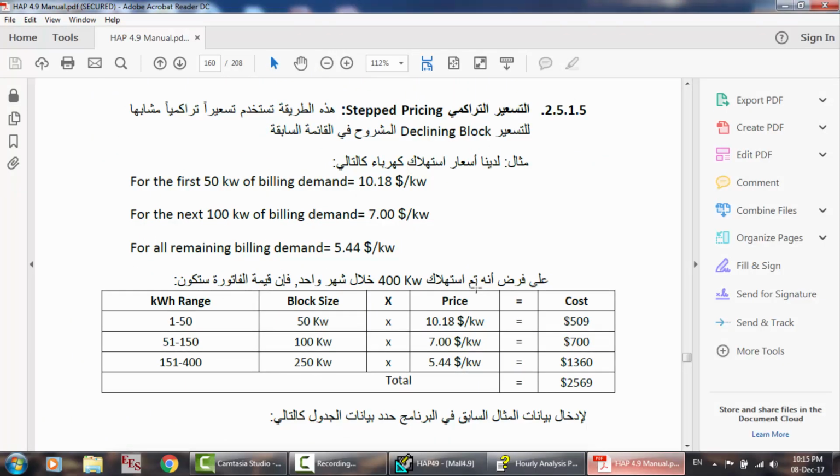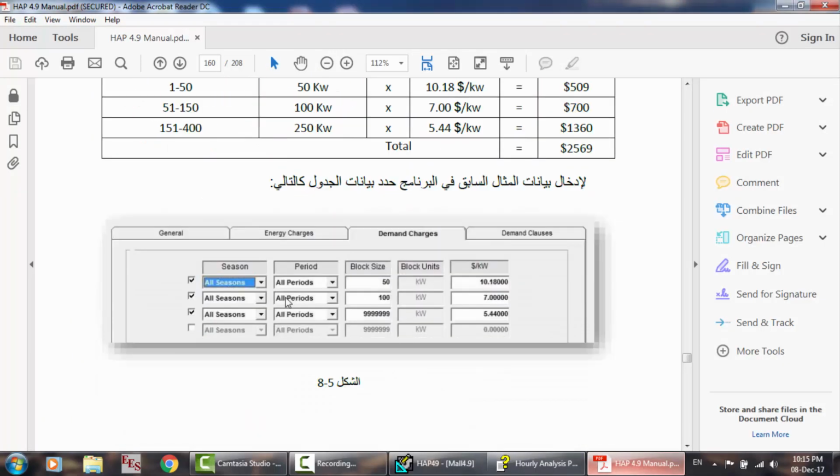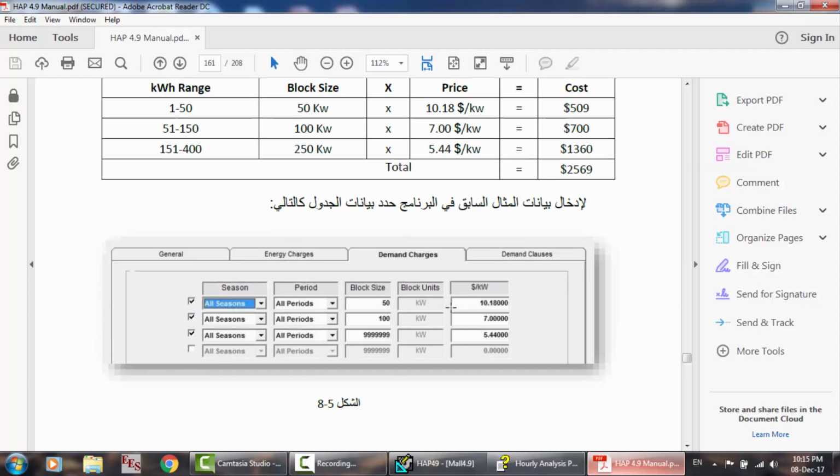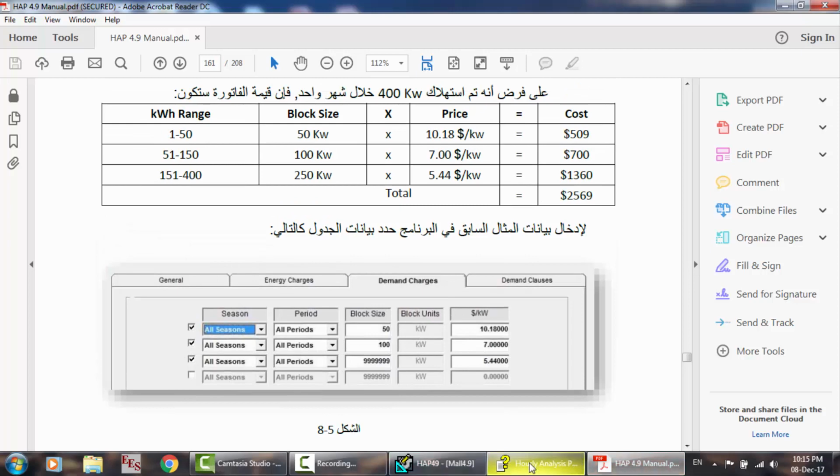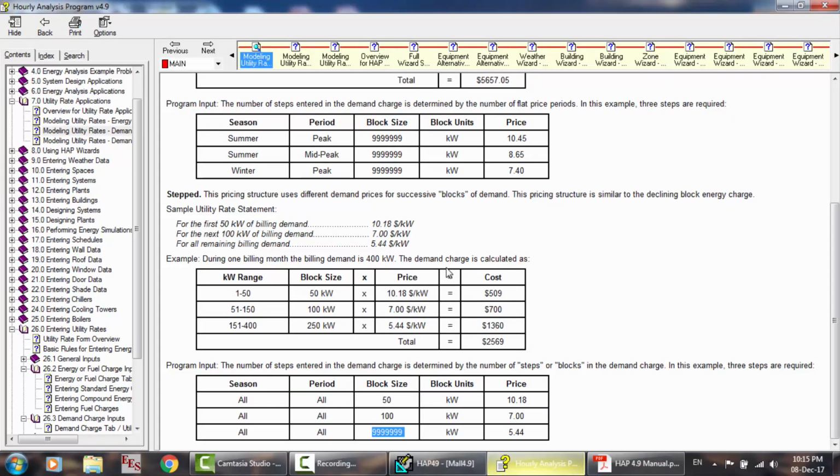Okay, so exactly like we see here, all periods, all seasons. So gentlemen, it's according to the project or the example you have. You have to get the range, you have to know whether it's all seasons or summer or winter or whatever, and the period, all, or peak, mid peak, and so on.